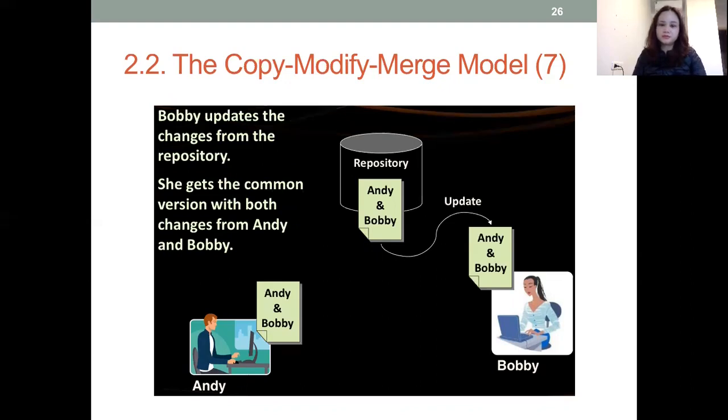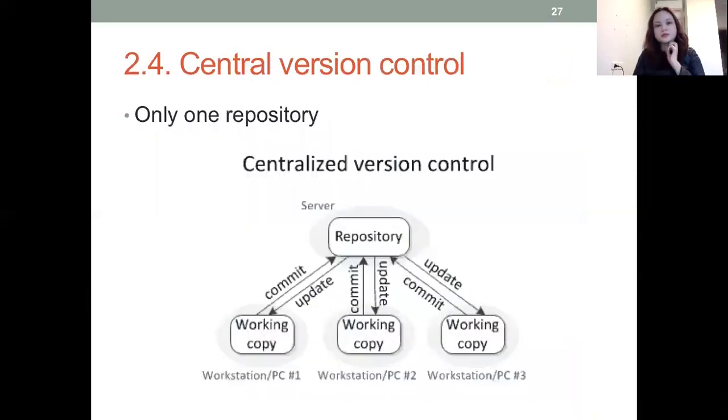And one more thing about this, that is about the way you manage the repository. So we have centralized version control. That is, we have only one repository, and each member will have the working copy and commit or update directly to the common repository. That is the centralized version control.